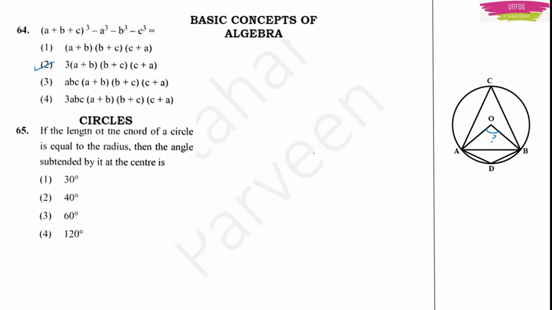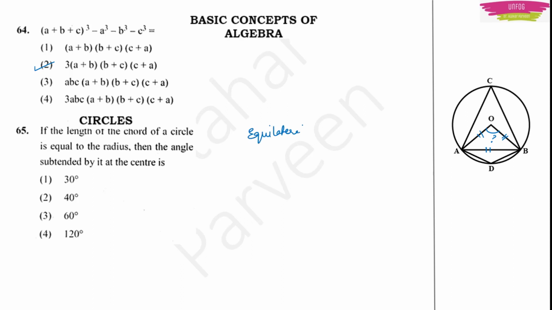Now they have given that the chord is equal to the radius, right? This AB will be equal to AO, which will be equal to OB. So all these three sides will be equal. Now if three sides are equal in a triangle, it will be an equilateral triangle.